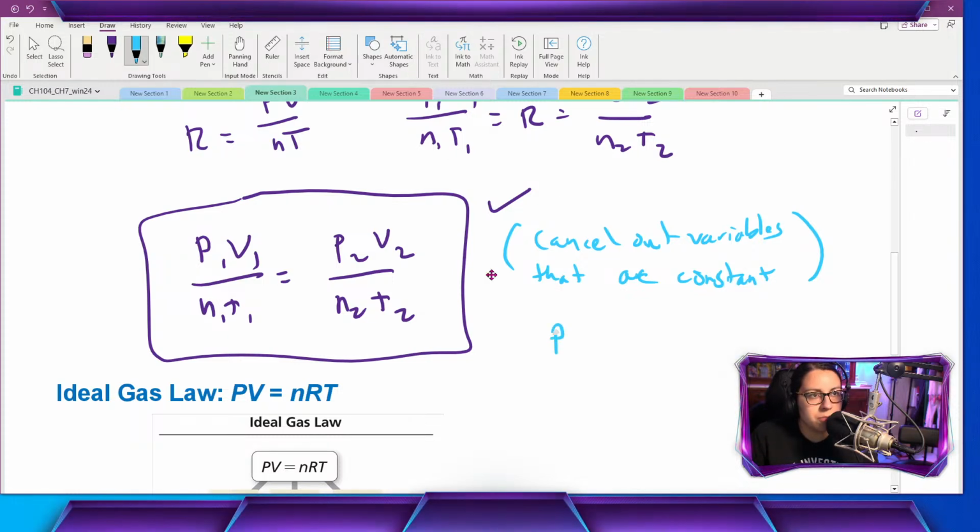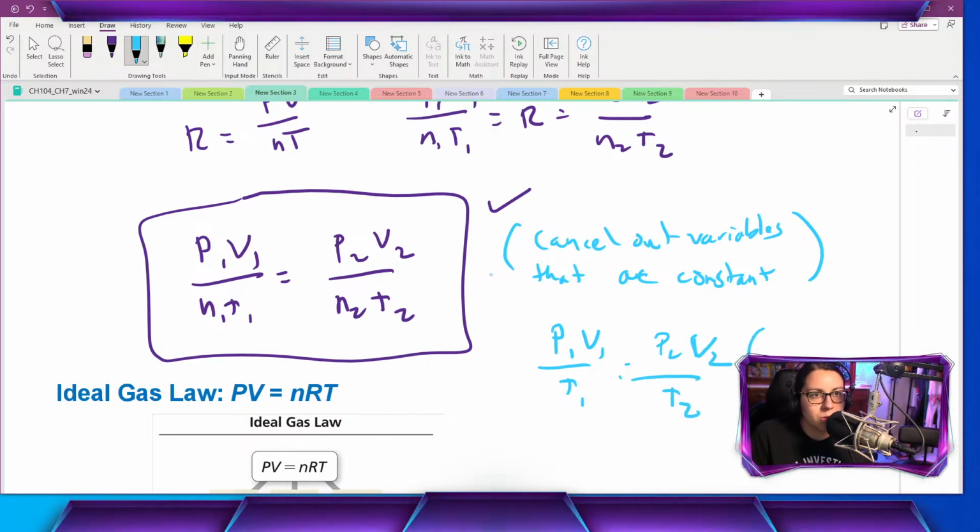So I think you have P1V1 over T1 equals P2V2 over T2, and that is just holding n constant. And this means you can solve a problem where 3 variables change. And so this is really quite powerful.